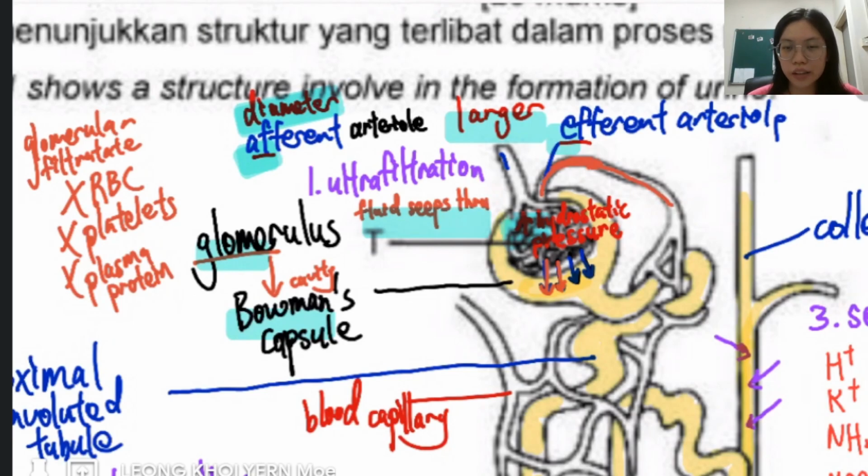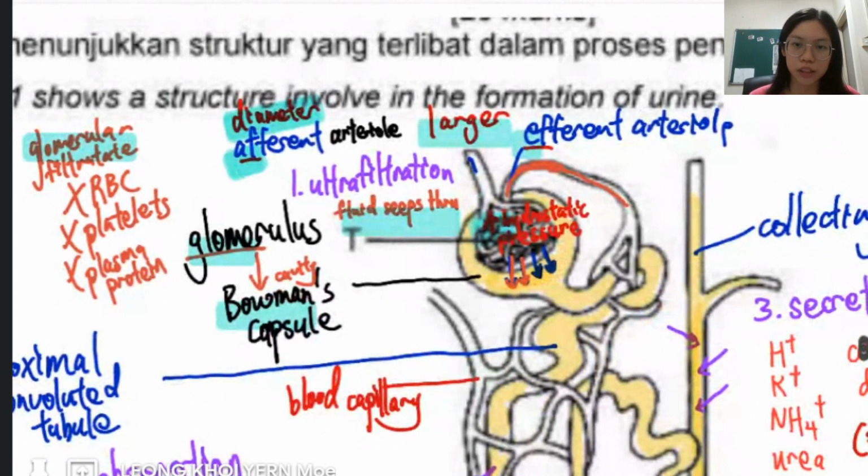After it enters, the fluid in the Bowman capsule is called glomerular filtrate. What does glomerular filtrate consist of? It is almost the same as blood plasma, just that it does not have red blood cells, platelets, and plasma proteins. So this is the main process that occurs in ultrafiltration.